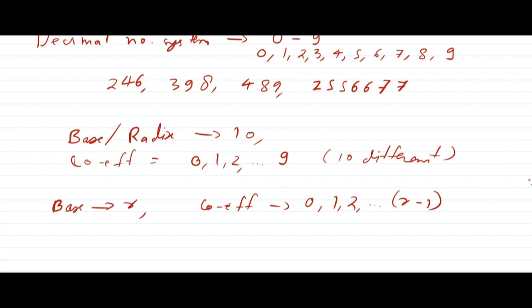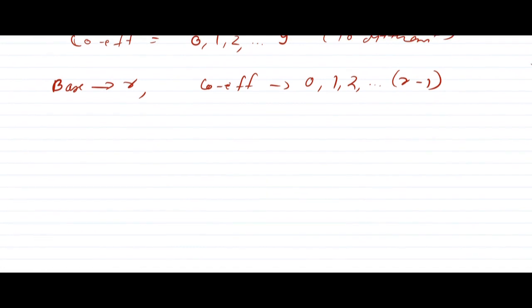Now if I look closely at the decimal number system, suppose I have the number 7468. Here you can notice this has 4 places, 4 digits.